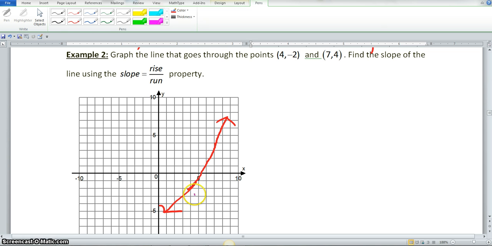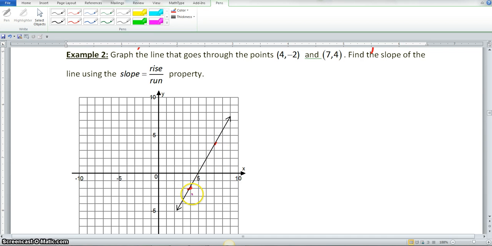Okay, this is not working. Okay, class, I redid this using one of the shapes from this Microsoft Word program, so it would look more like what your line would look like. This is a straight line going through both of the points, the (4, -2) and also (7, 4).